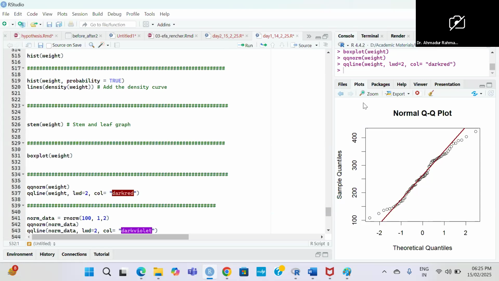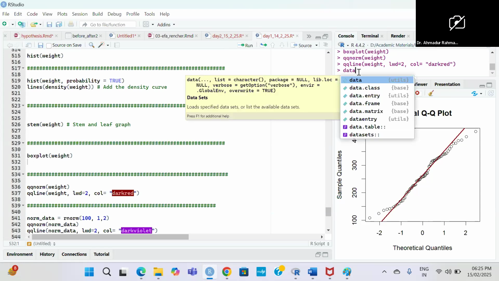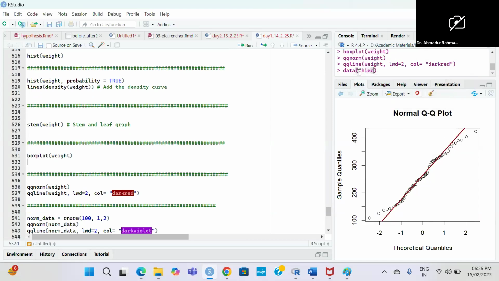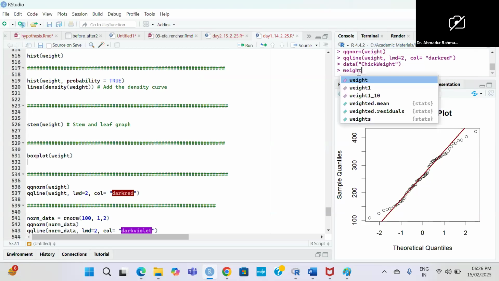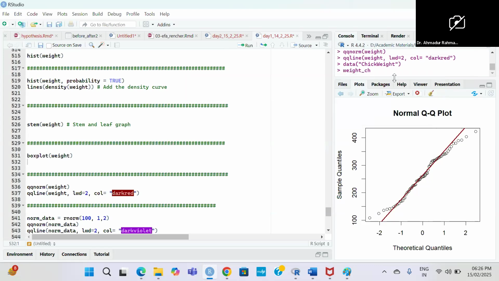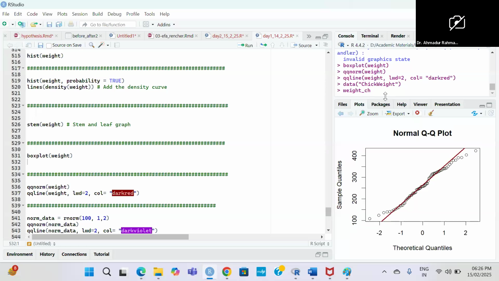Let me show you how the box whisker plot shows outliers. Chicken weight, this is another data set, and from here we take the chicken weight, which is chicken weight dollar weight.